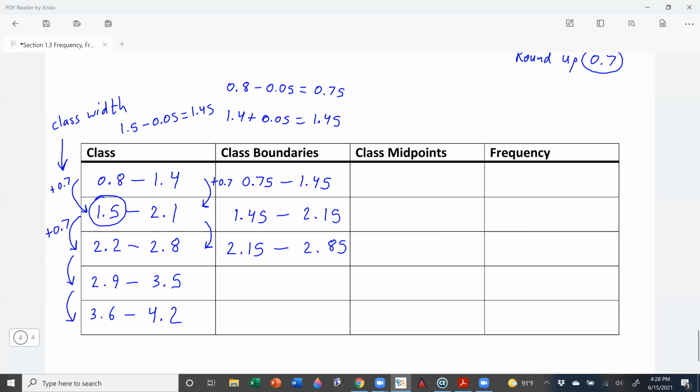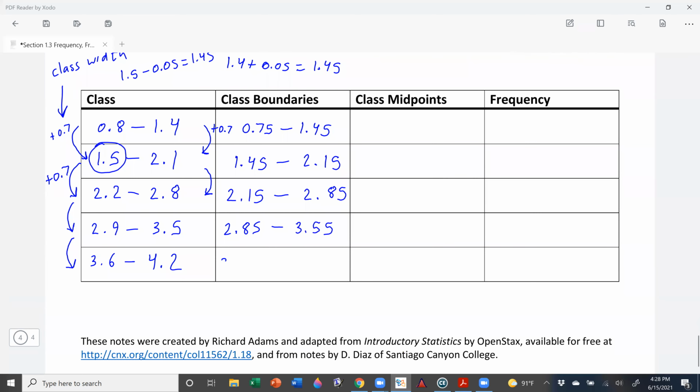Notice how it just gives one further decimal place with a 5 in that direction. And then this is going to pick up at the 2.85, and then it's going to finish at 3.5 plus 0.05, 3.55, which means this one, and if you want to work it out, 3.6 minus 0.05 is going to give us 3.55, and it's going to finish at 4.25.